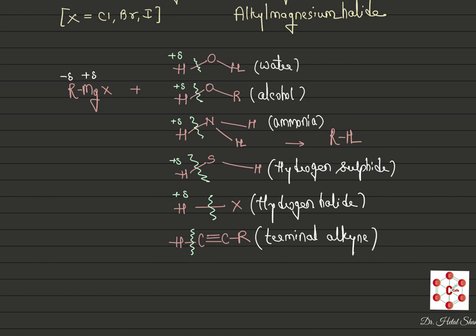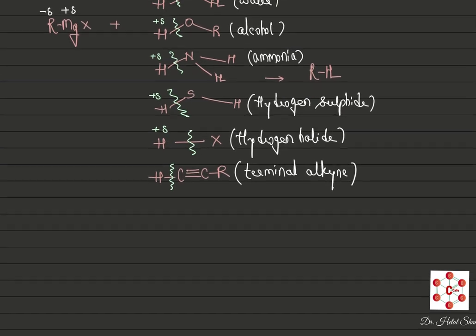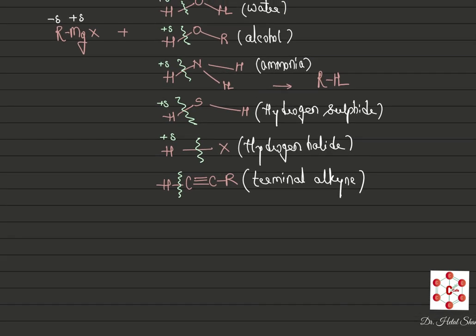All of this would give you the same thing. Most of the time they use water or alcohol, but if you have to remember, it is hydrogen connected to any more electronegative atom. Except carbon, wherever hydrogen is, it can be picked out. With carbon, only when it is a triply bonded carbon.